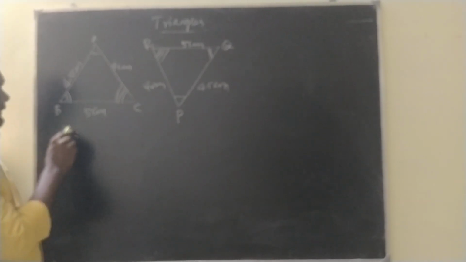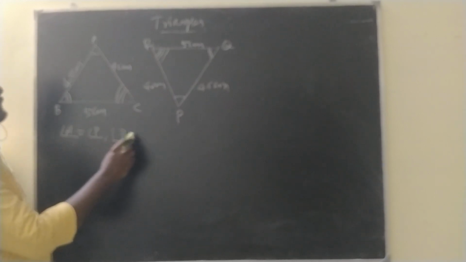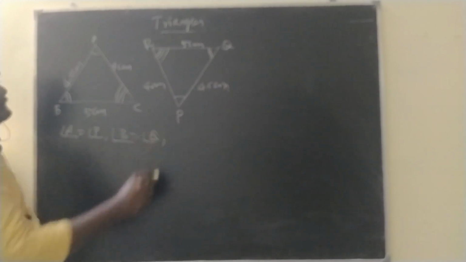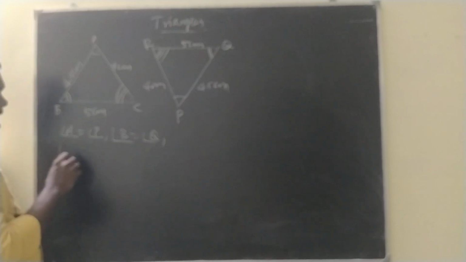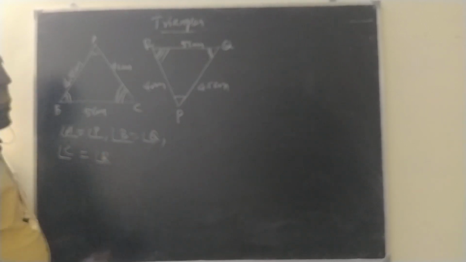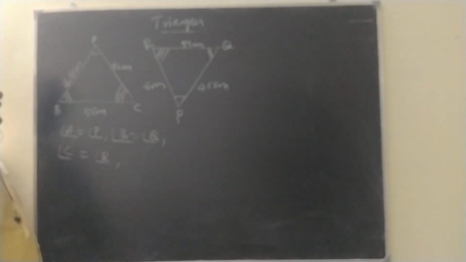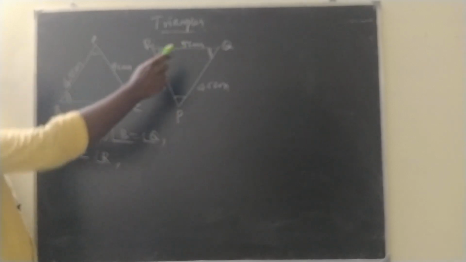See, we have angle A equals angle P, angle B equals angle Q, and angle C equals angle R. Okay, and the corresponding sides, the other 3 elements. Here 5 centimeter, there also 5 centimeter.